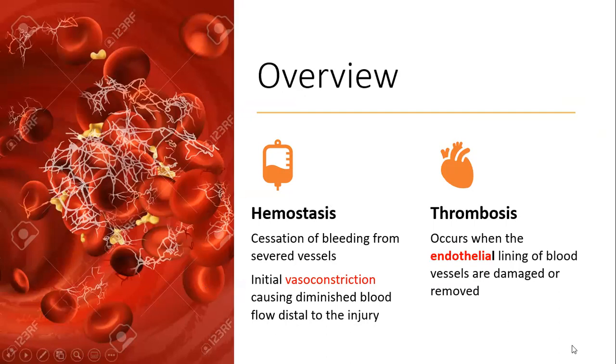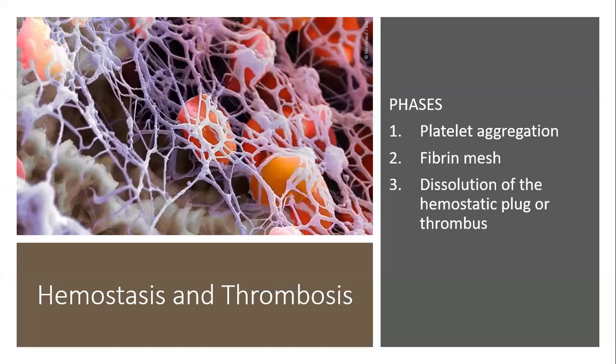Thrombosis, on the other hand, occurs when the endothelial lining, which is the innermost layer of your blood vessel, is damaged or removed. Okay, so both hemostasis and thrombosis share three phases. That would be your platelet aggregation, also known as your primary hemostatic plug.